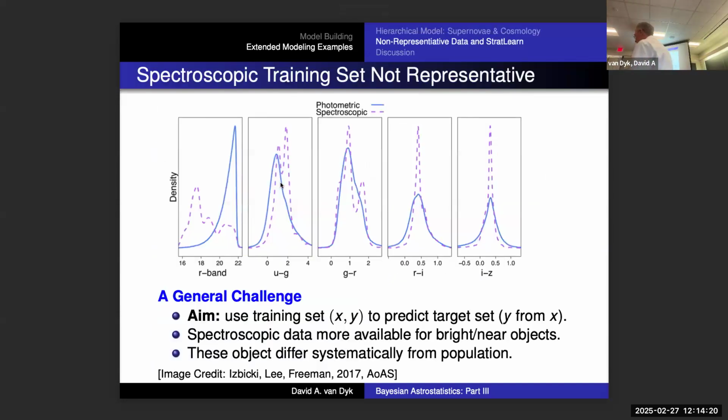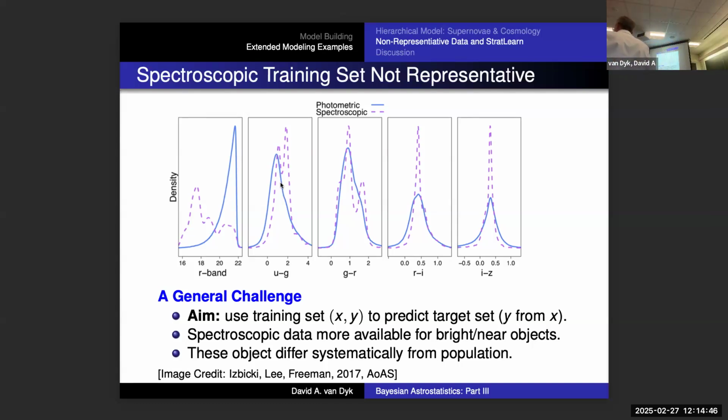So this is just showing you that the training set is different from the test sample. This is the distribution of R-band observations for the photometric, which is the solid, and the spectroscopic, which is the dash. So the spectroscopic are lower magnitude, so nearby objects. The colors aren't quite so bad, the differences, but the individual magnitudes are quite biased.